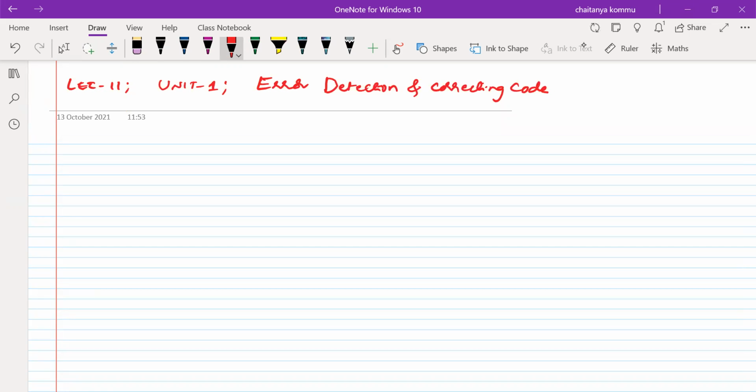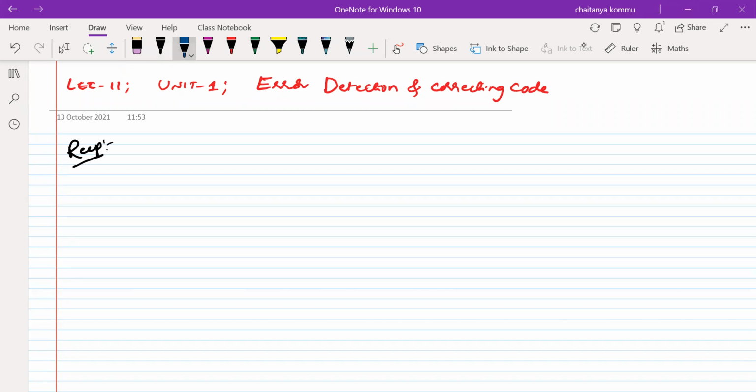Correcting codes. So previously we have seen the codes that are available in digital electronics. The basic reason for representing the data in the form of a code is the purpose of securing it. The third party should not see whatever message we are sending.